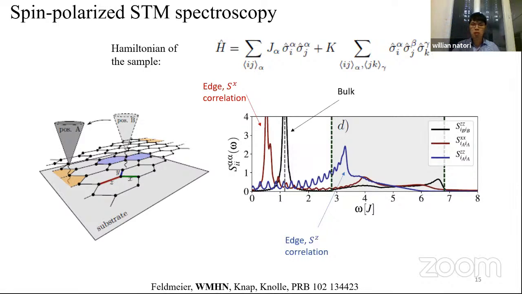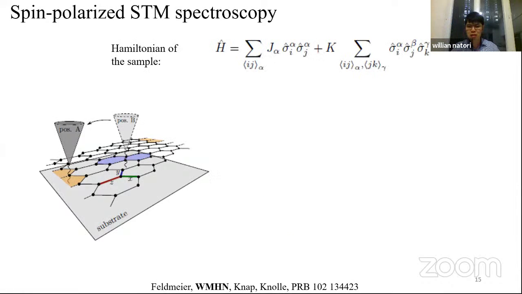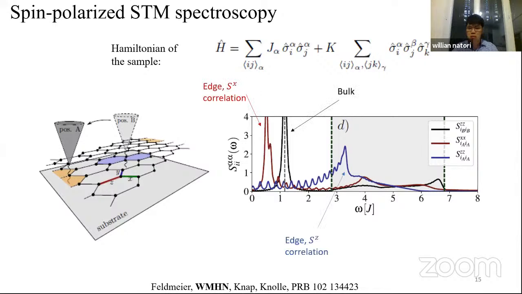So we can calculate what the response is in the bulk, which is position B here. And if you go to the bulk, you will find that the larger response will be due to the excitation of those Z2 fluxes, which are these things here in purple.